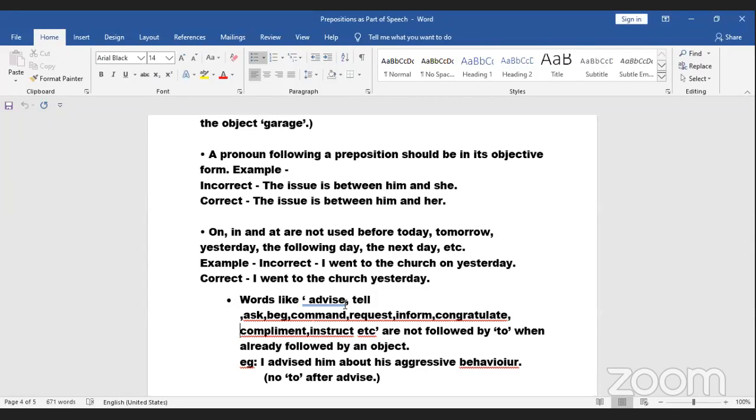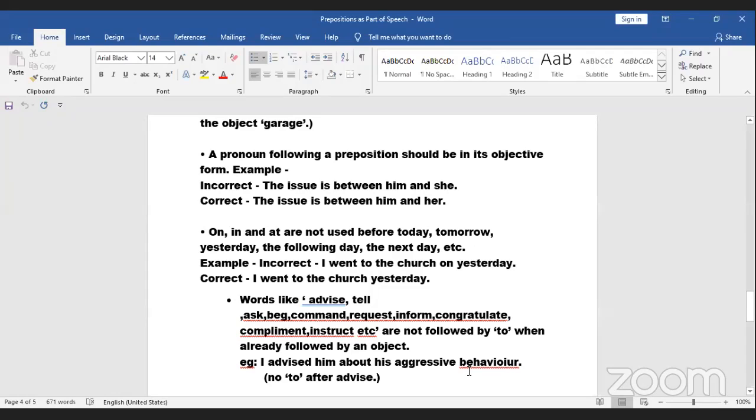Why am I emphasizing the object? Because "I advised him to do this" is fine. Now, if there is no object, "I advised to do this," then that is right, because to came after advised and it is grammatically right. But if there comes an object, then I cannot use to in front of it. "I advised to him" is wrong. I advised him. This is a very important thing, again, for NDA people.